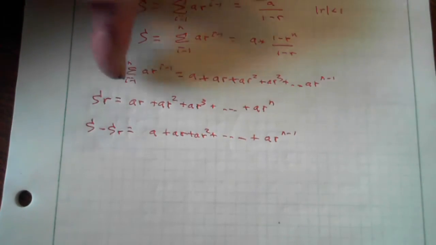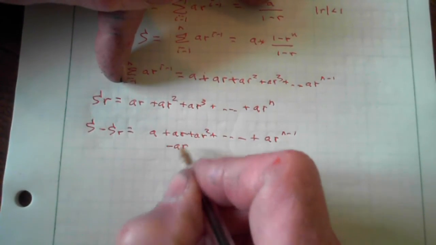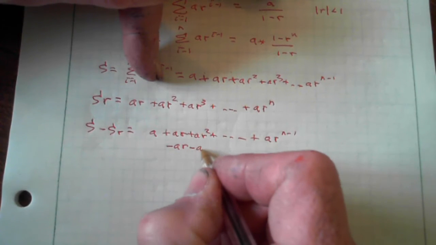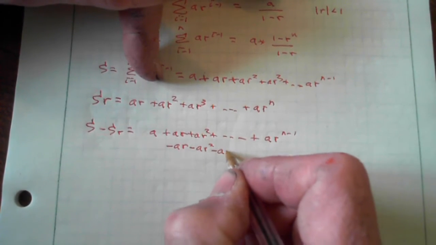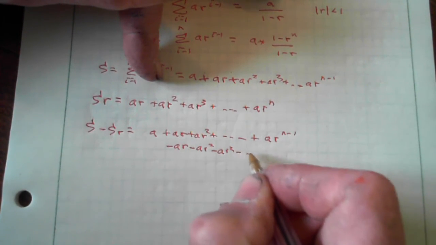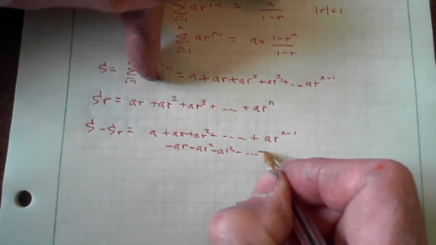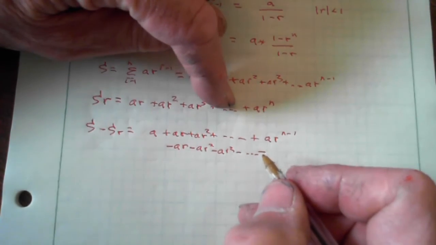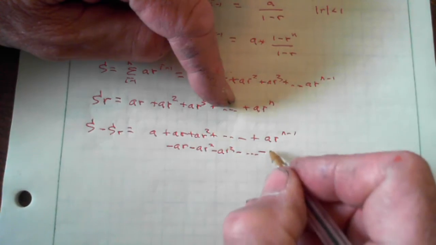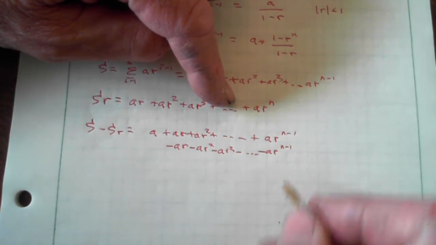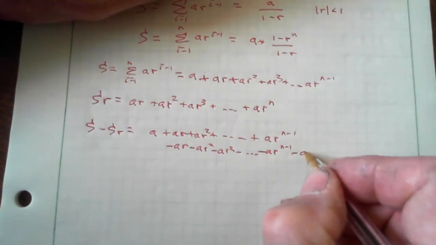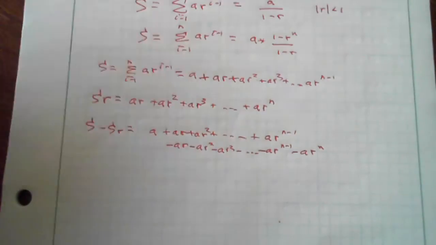Then I'm going to go minus a r, then minus a r squared, then minus a r cubed, minus dot, dot, dot, minus, right there, the one I did not write, is a r to the n minus 1, and then minus a r to the n. So if I go that minus that, I get that minus that. No big deal. Good square algebra.